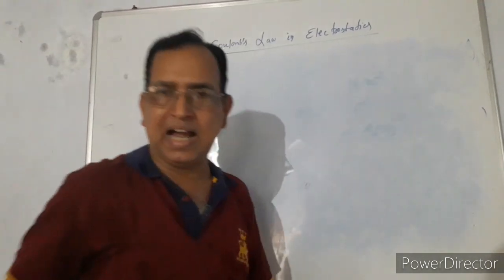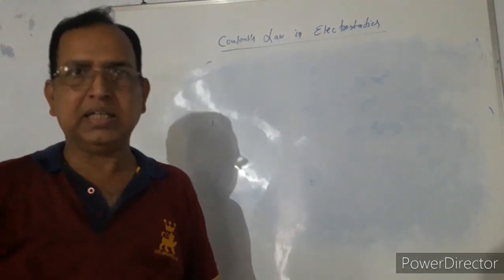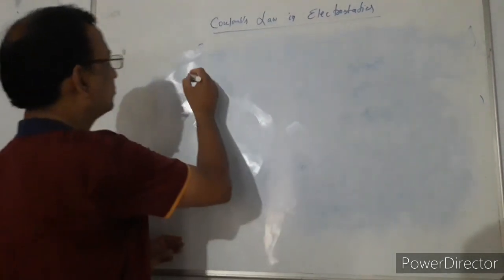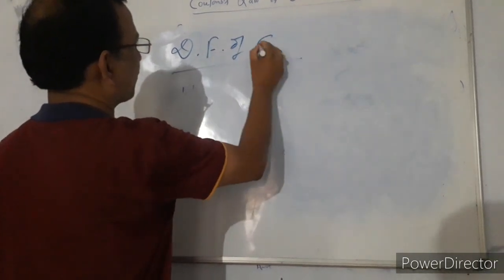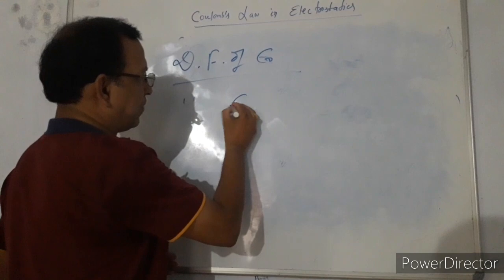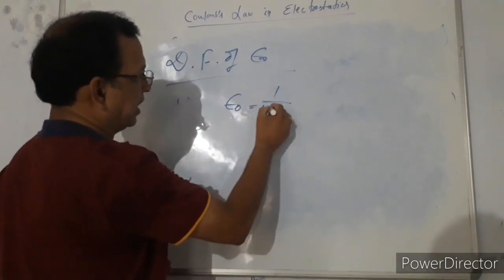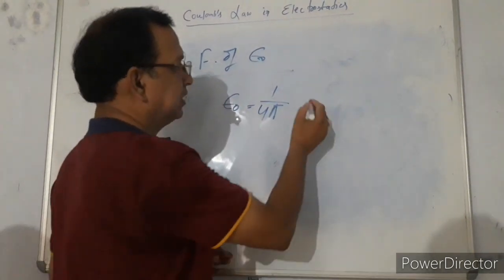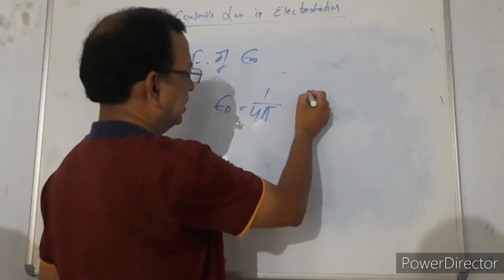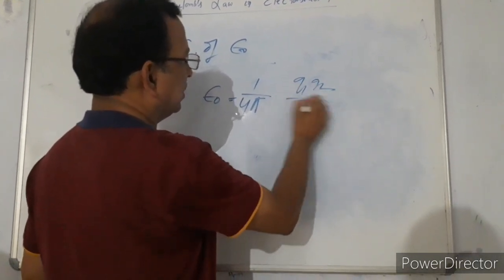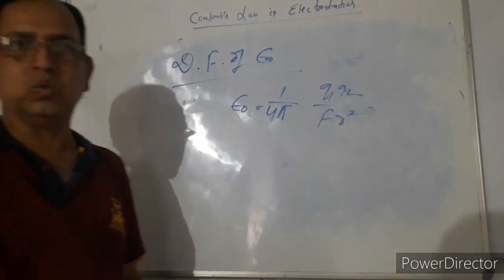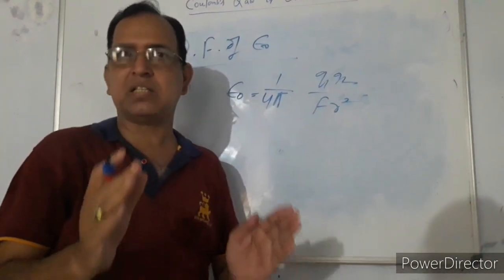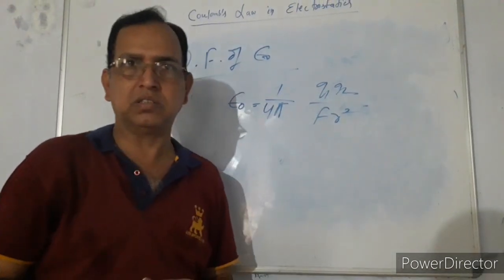What is the dimensional formula of epsilon naught? So epsilon naught is equal to 1 by 4 pi Q1 Q2 by F R square. What is the dimensional formula of the charge?